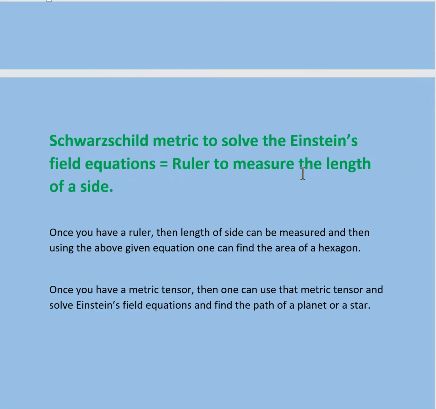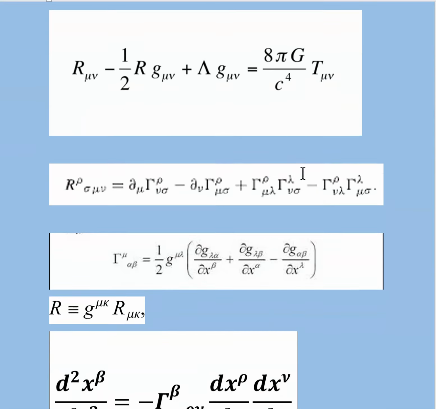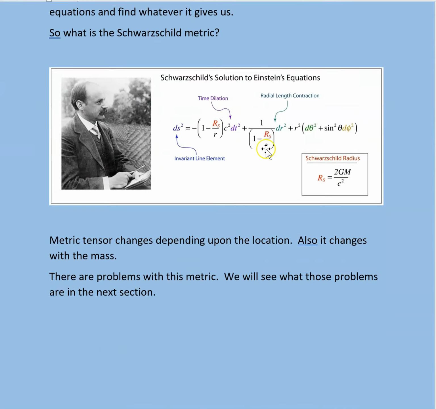Now this is the Karl Schwarzschild metric. ds squared, where s is the distance between two points, ds is the small distance, and ds squared is the square of the distance. But if you look at the right hand side, rs is the Schwarzschild radius, which we are going to talk about a lot later, and it has an m term in here. So our ruler is dependent upon the mass.